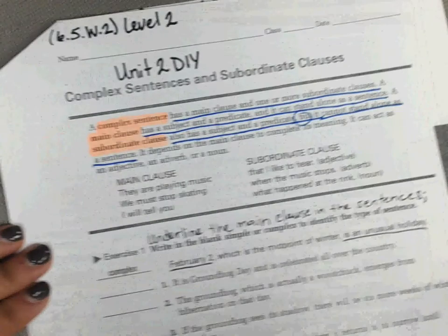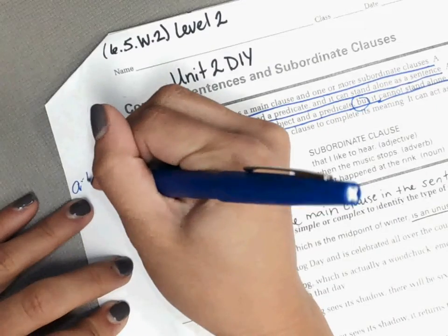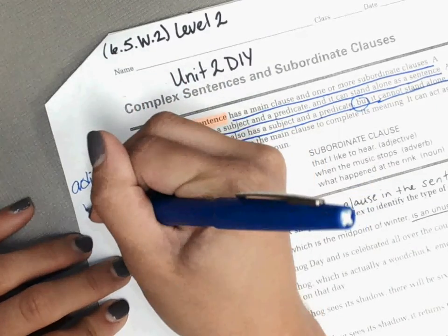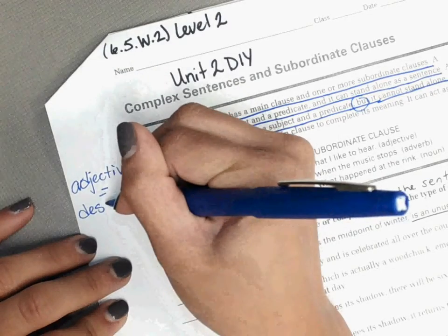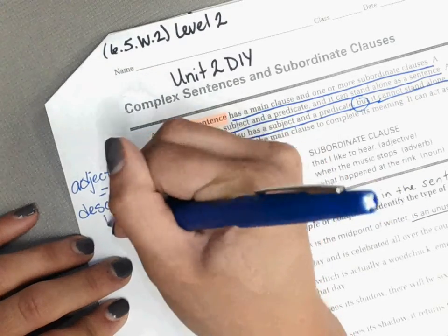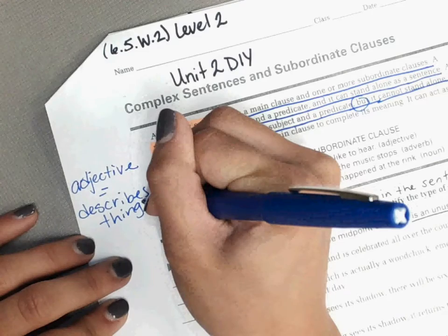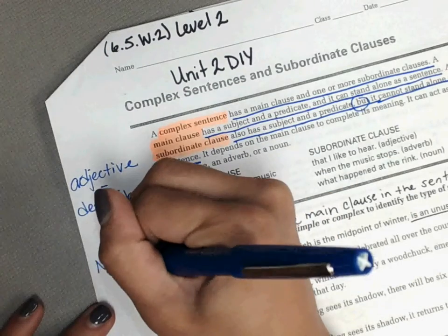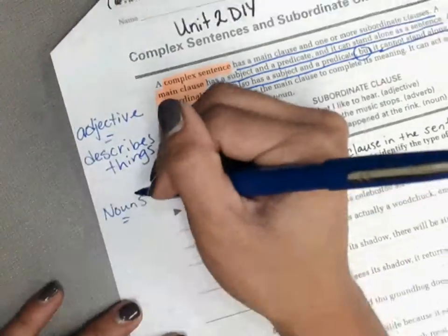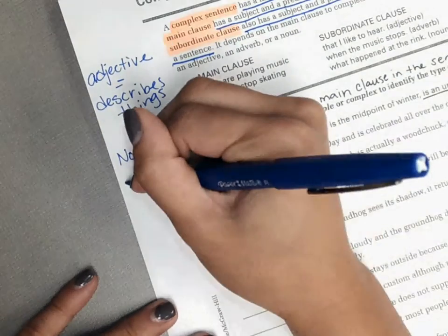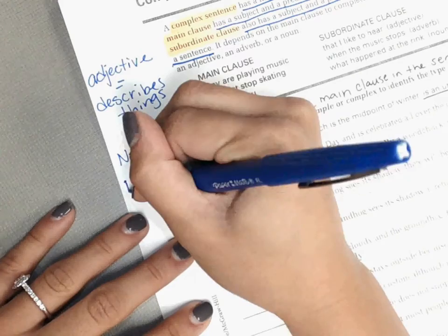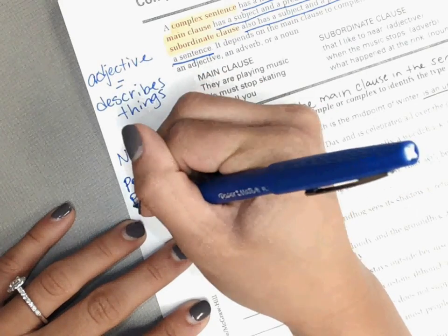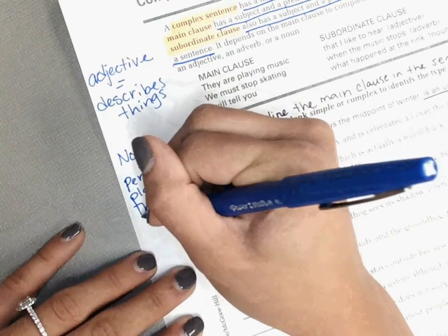an adjective describes things. Nouns are or can be a person, place, thing, or idea.